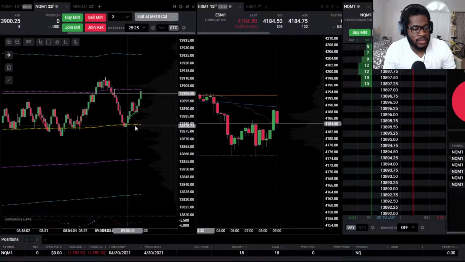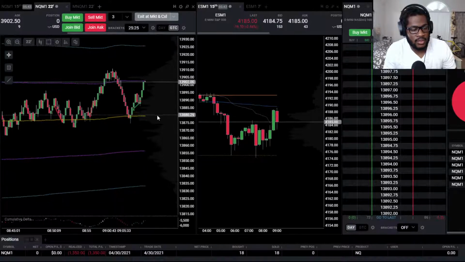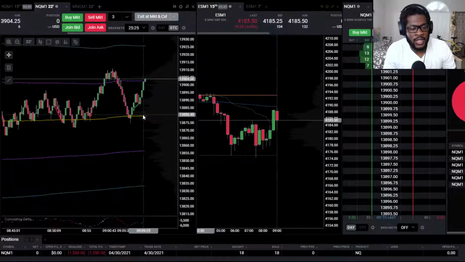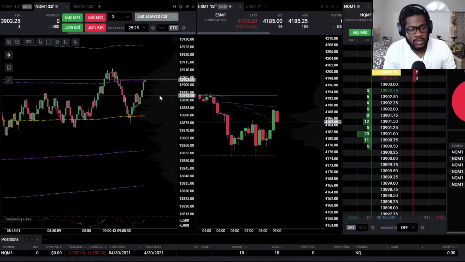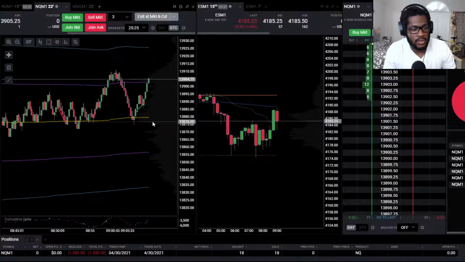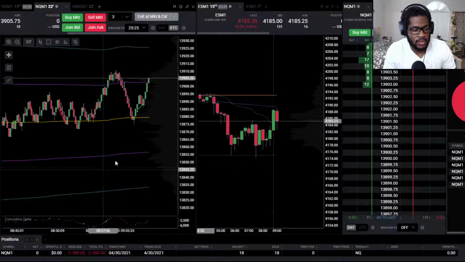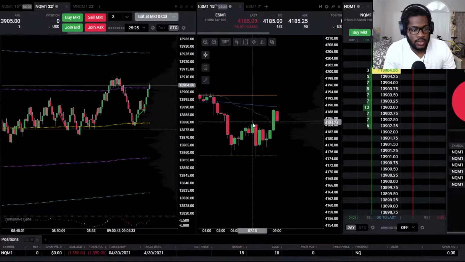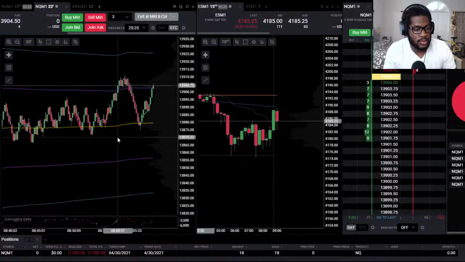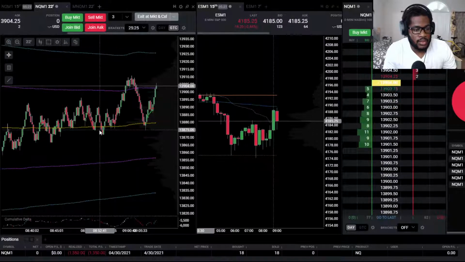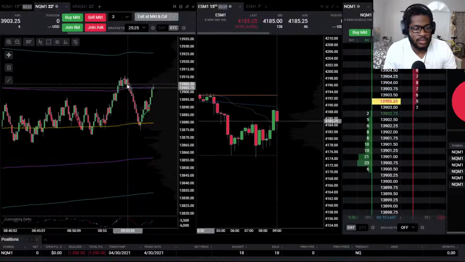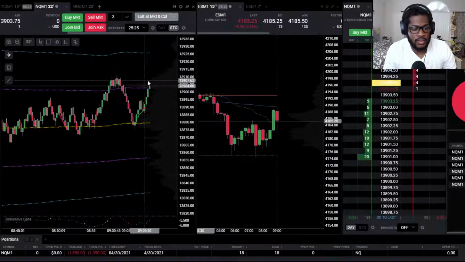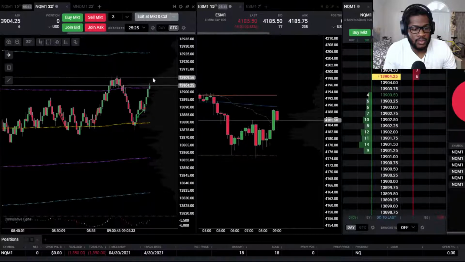Nice push up here. Unfortunate to not be part of it. Okay, let's see what it wants to do back at this range. Or back at the high, sorry.